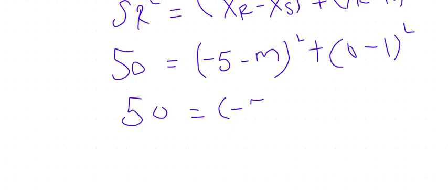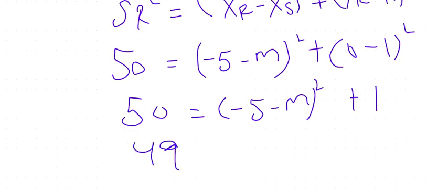When we take this 1 to the other side, it becomes 50 minus 1 equals (minus 5 minus M) whole square, so 49. Now I'm taking the square root on both sides.